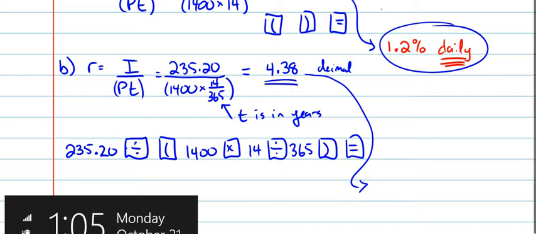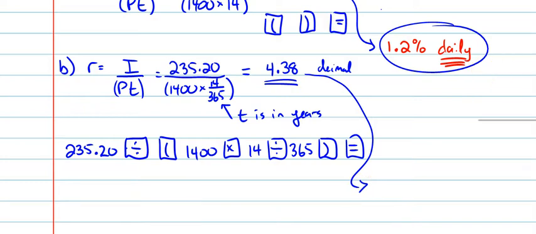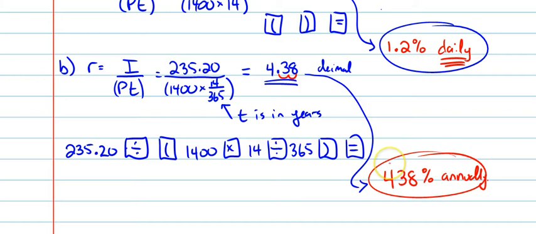Okay, so 4.38. I'm going to jump to red again here. Move the decimal or multiply by 100. It is 438% annually. Compare that to what our bank gives us to borrow our money in a savings account, which is something like 1.2% or less.